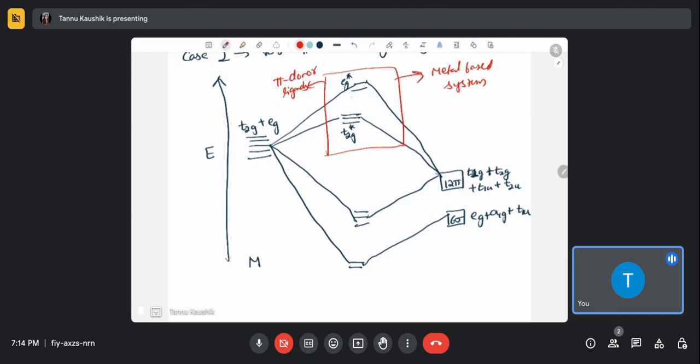So as compared to where we had a sigma bond, this splitting energy, that is delta O, will now reduce as compared to the ML sigma bond. So this is for pi donor ligands, and sigma donor ligands had more splitting energy.